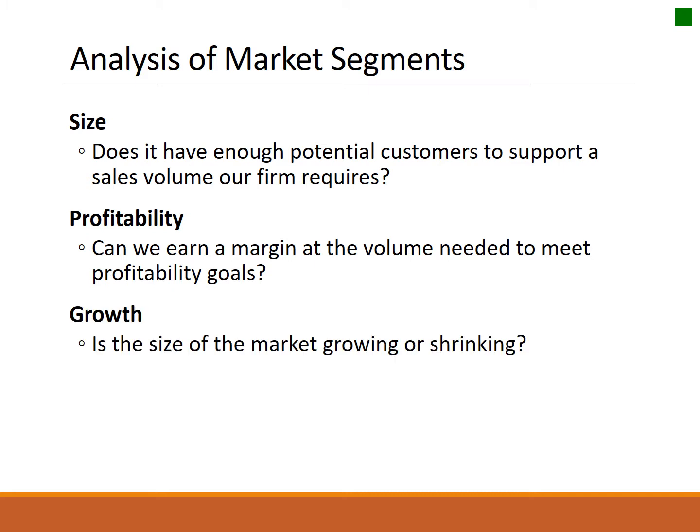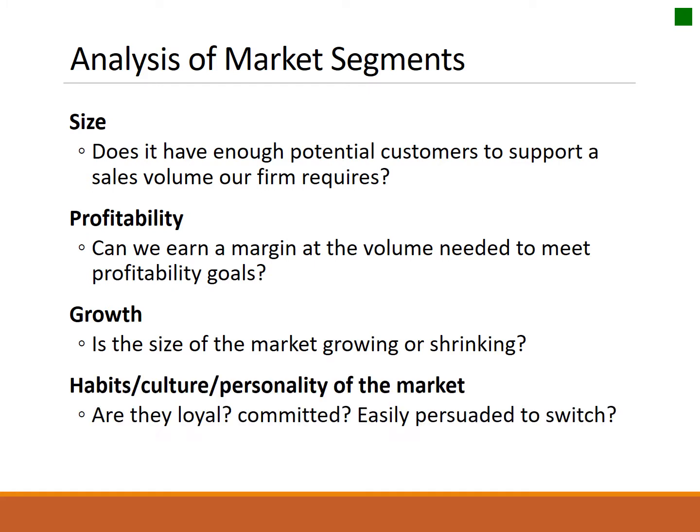We want to forecast growth and try to understand whether the market segments are growing or shrinking. We also want to get a feel for the fit, and whether the customers are good with us, maybe habits here, culture, personality of the market, how easy it is to be able to sell to them, and so forth.